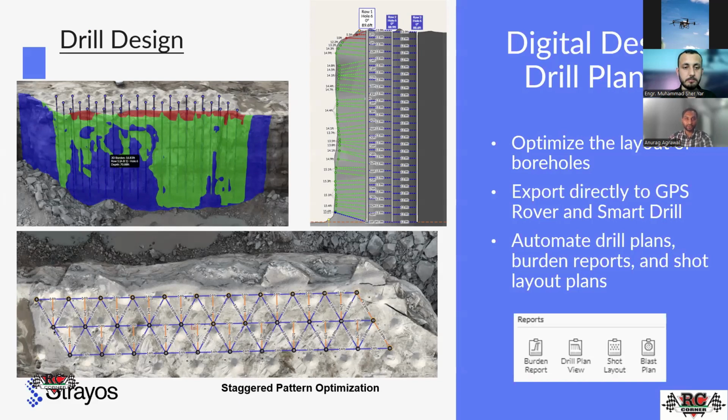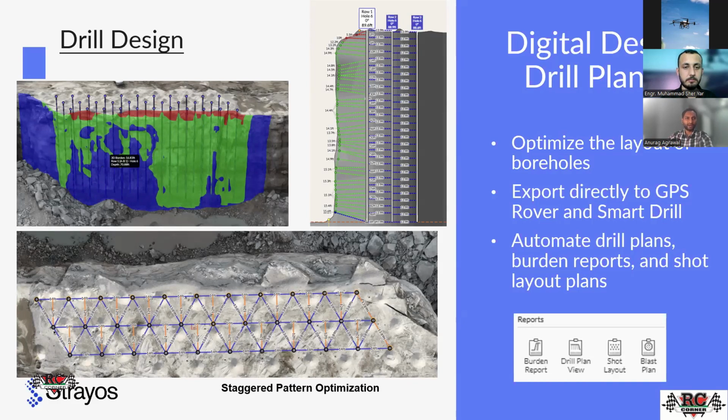This is the side view. You can see how the burden is changing throughout the depth of the hole. In the 2D view, you can see the burden and spacing length throughout the bench. So using this technology, you can do multiple analyses of your drill design.